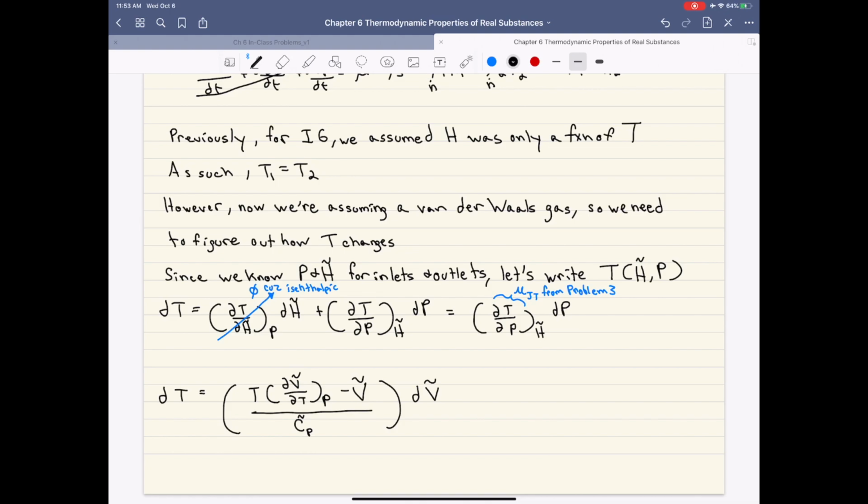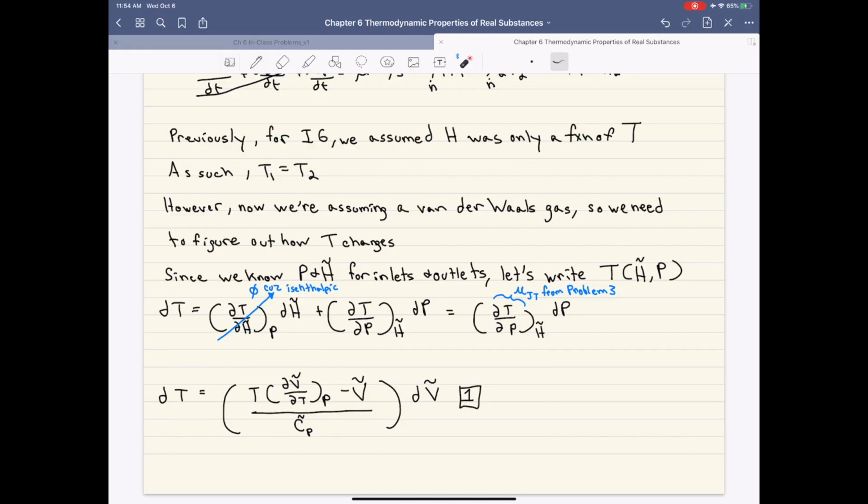And so if we want to figure out the temperature of the outlet stream, all we would have to do is integrate this total derivative from T1 to T2, and then integrate the right-hand side from molar volume 1 to molar volume 2. Okay? And then once we do that, we could rearrange the equation so that we would just have T2 equal to stuff on the right-hand side. Okay? So that's going to be the basic strategy for the problem.